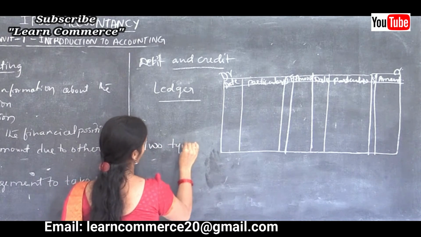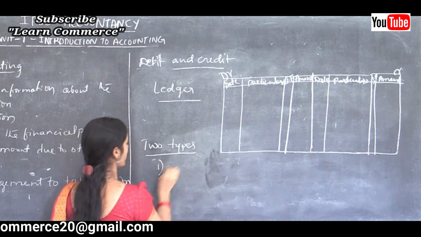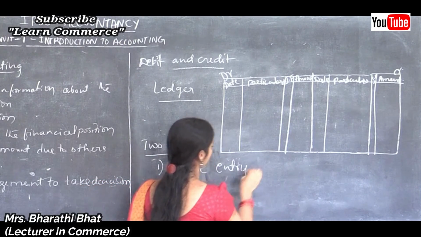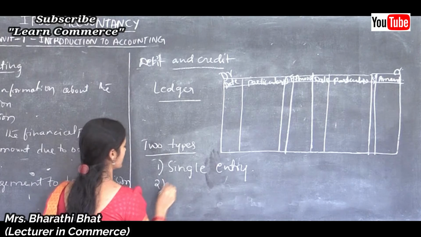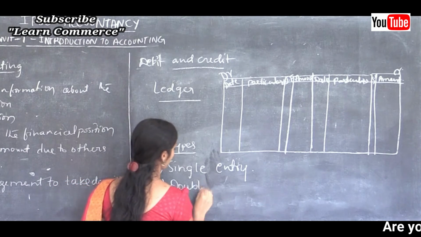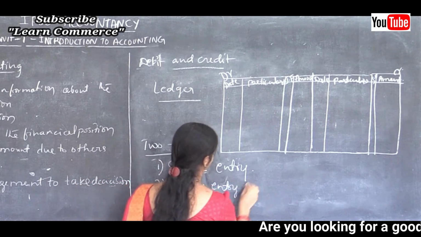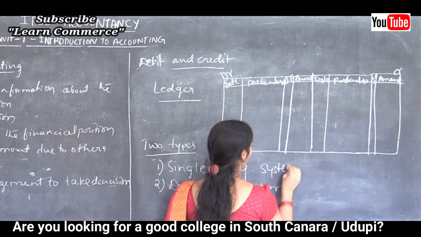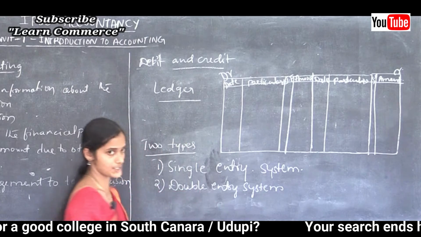Two types of accounting. One is single entry system. Another one is double entry system.